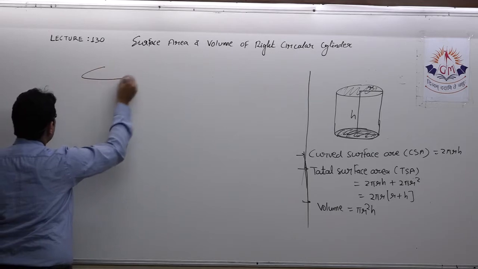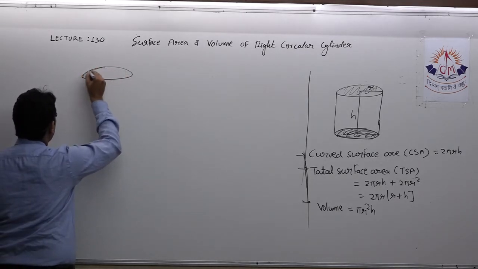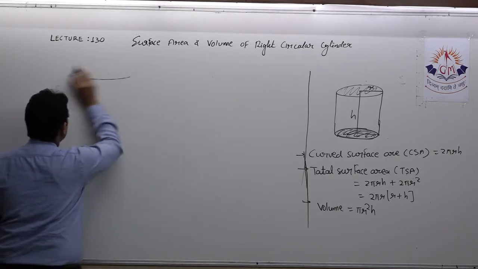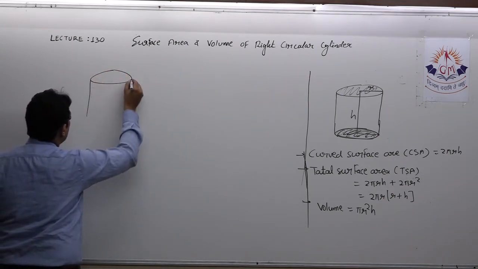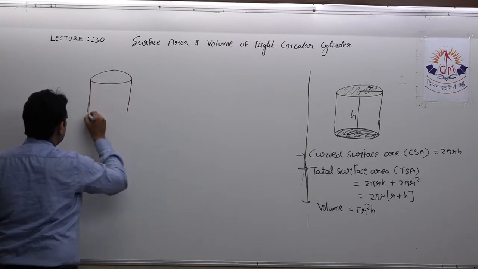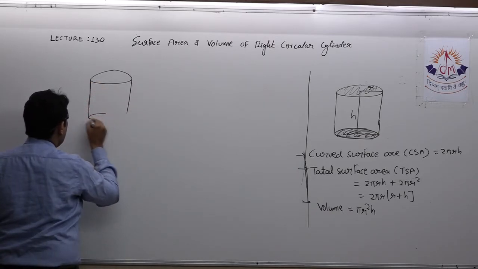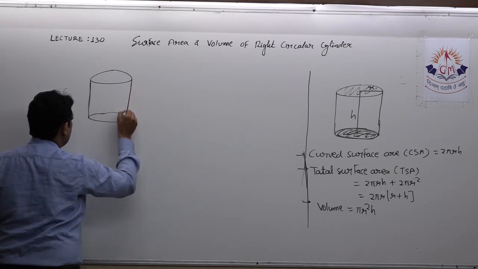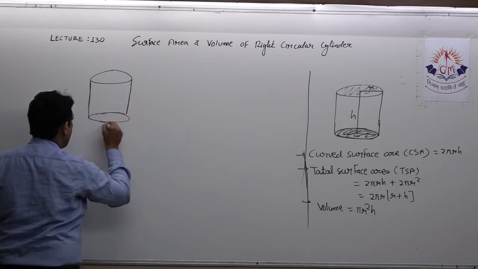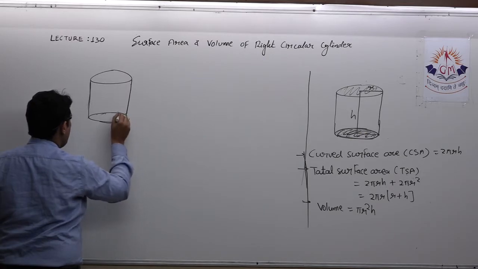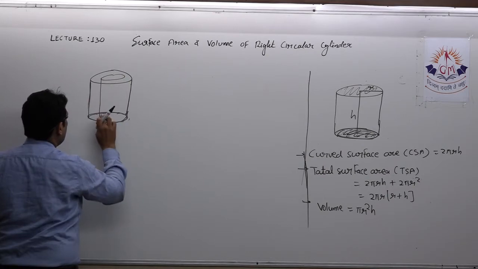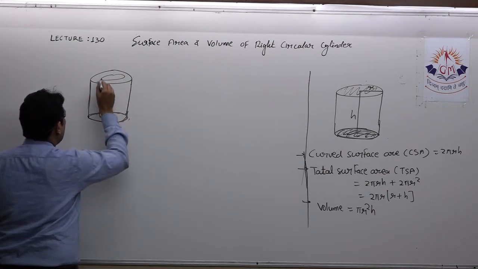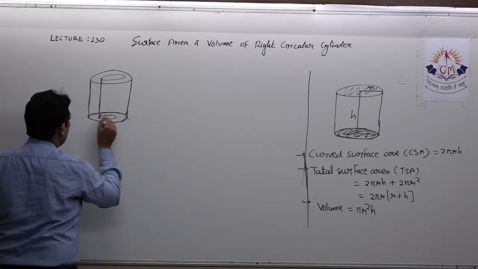Okay, something like this, I can draw the figure of a hollow cylinder. See, there are so many shapes around you of hollow cylinder. This looks something like a hollow cylinder, not exactly, but we can say approximately it looks like a hollow cylinder.